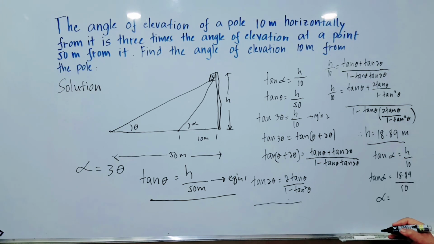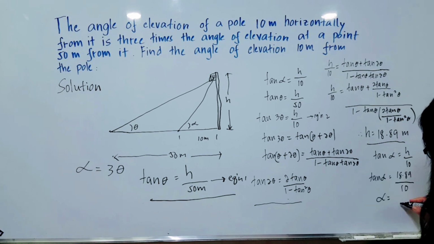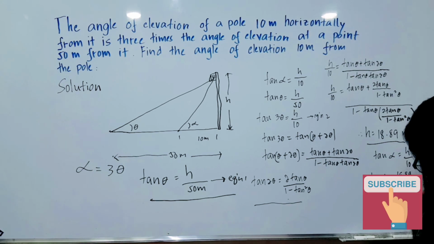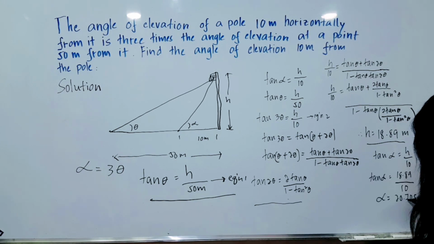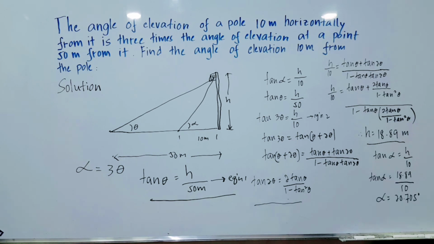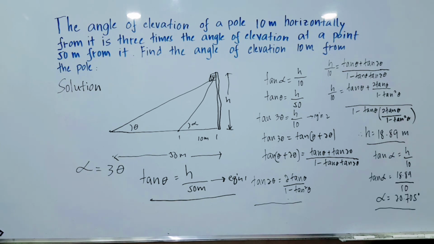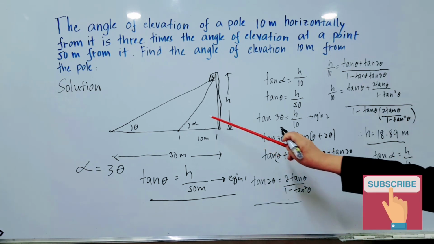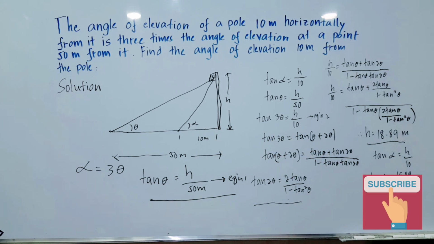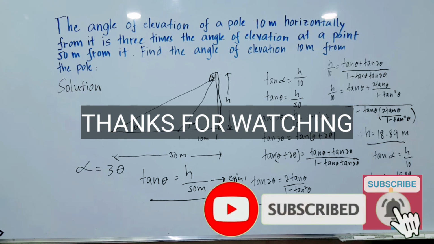The angle of elevation 10 meters from the pole therefore is equal to 20.705 degrees. Yan ang sagot natin ng alpha. Sorry, it's DJ.